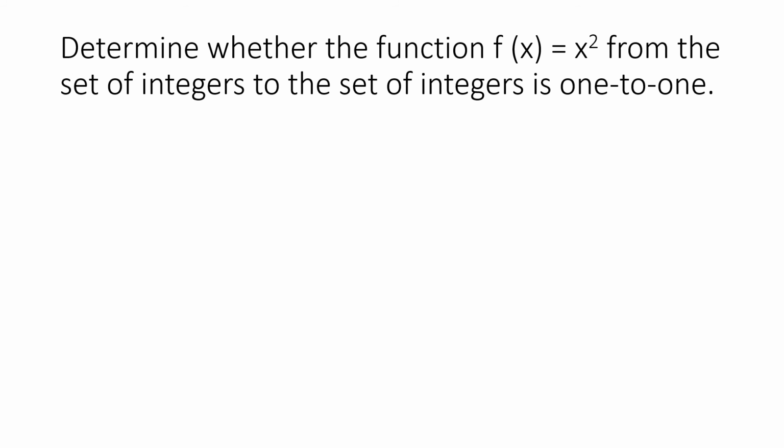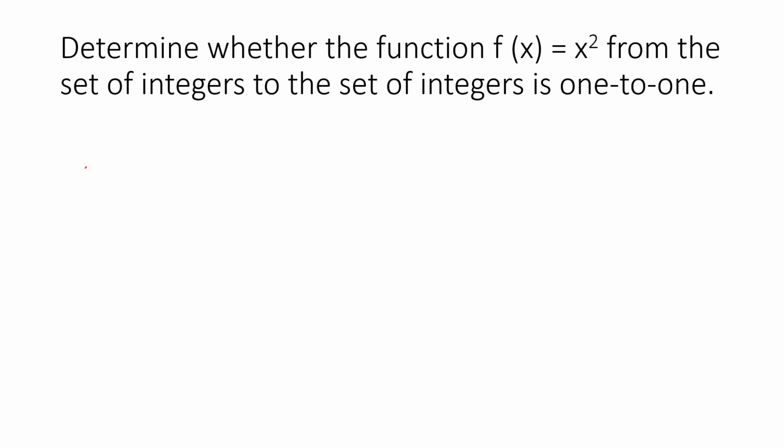Determine whether the function f of x equals x squared from the set of integers to the set of integers is one-to-one. In this case, we can say that this is not one-to-one. Why?